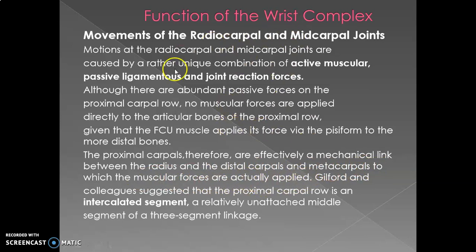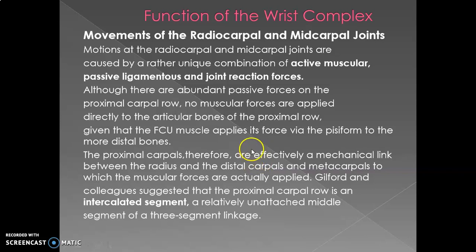So what we have to understand is the proximal row of carpal bones, namely scaphoid, lunate, triquetral and pisiform, act more like a mechanical link rather than a joined unit.